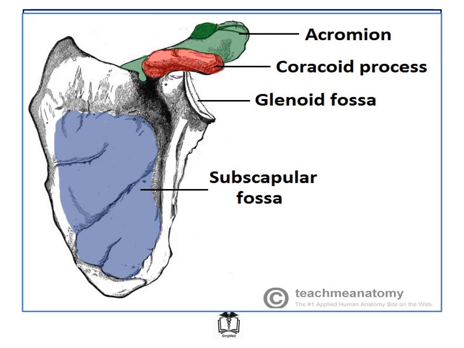You can see the glenoid fossa here, which is the site of attachment for the long head of the triceps and long head of the biceps, and is also the site for the glenohumeral joint or the shoulder joint. You can see the coracoid process here in red, and remember that a lot of structures are related to the coracoid process, muscles and ligaments alike. And then finally, we have the acromion process at the back in green, which is the site of the acromioclavicular joint.